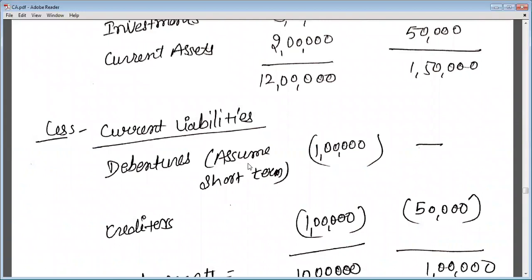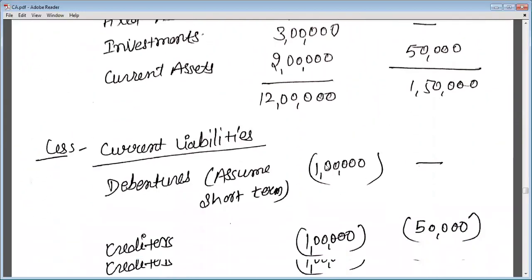So we will deduct the debentures. For the calculation of the value of shares, we assume that debentures are short term because in the question there is no specific information that debentures are short term or long term. That's why we will assume that debentures are short term.